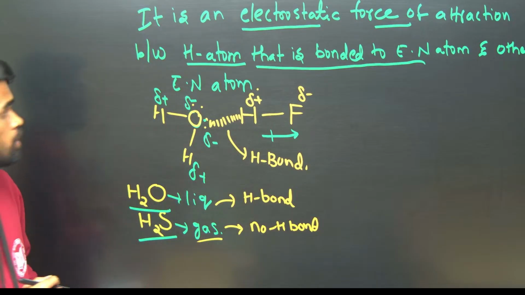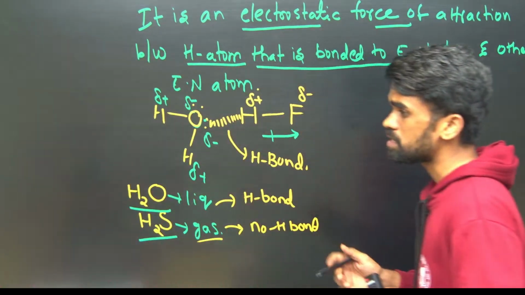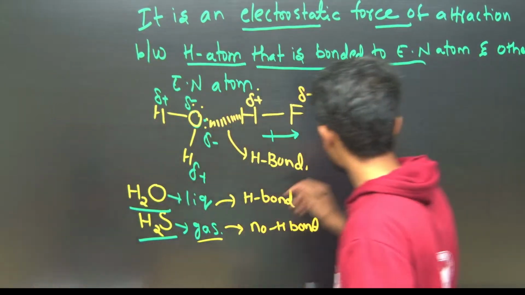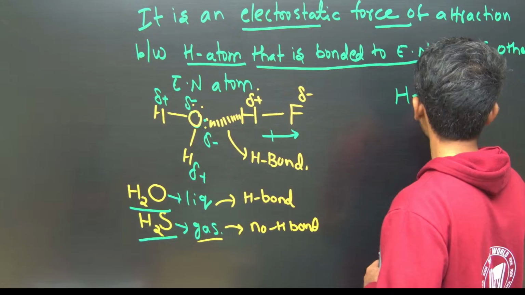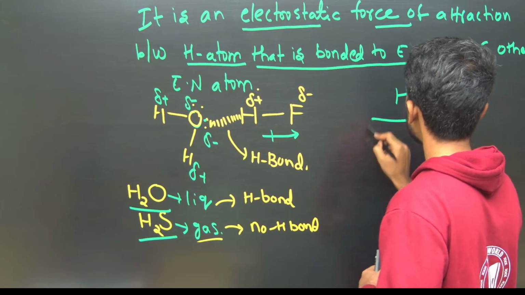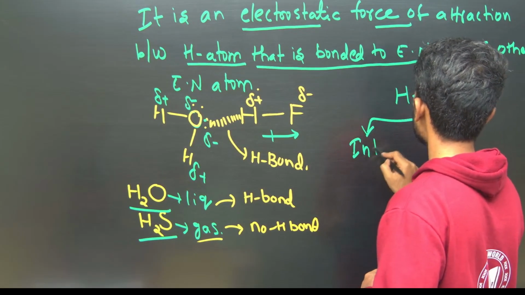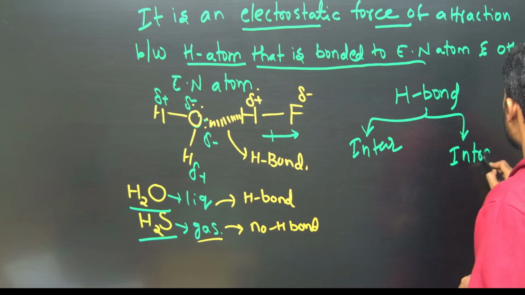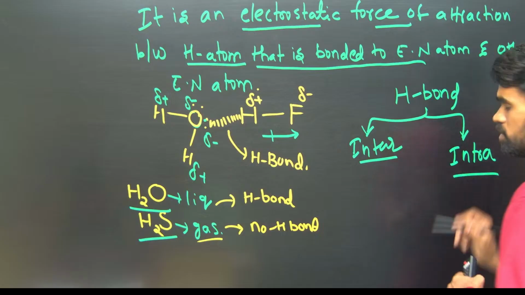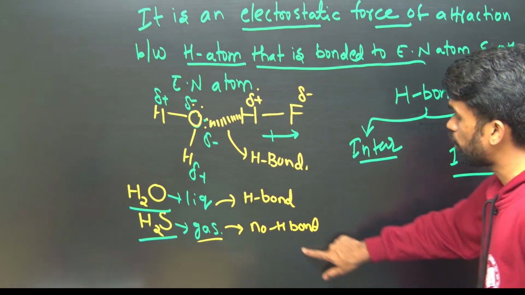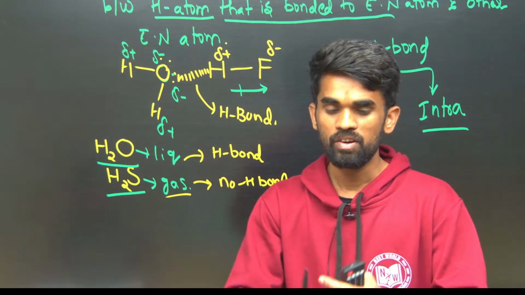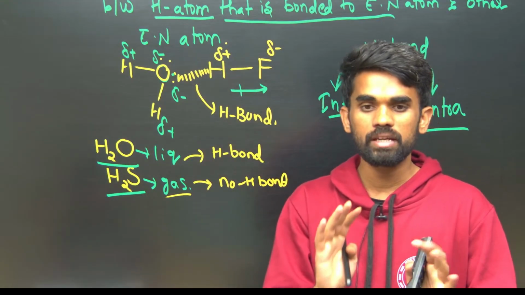Is that clear? Okay, so hydrogen bonds are of two types: intermolecular and intramolecular. What do we mean by inter and intra? Between two different molecules we say inter. Within the molecule means intra.